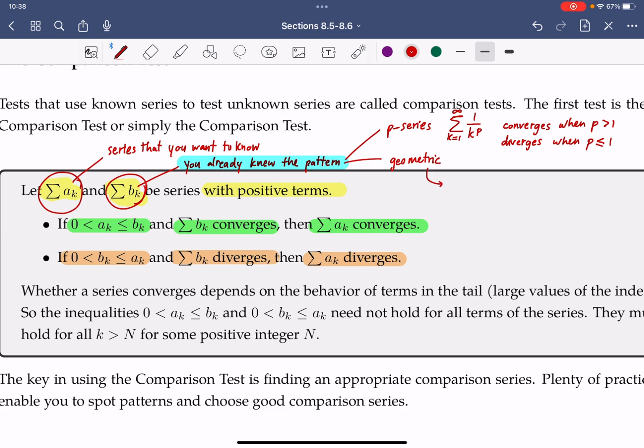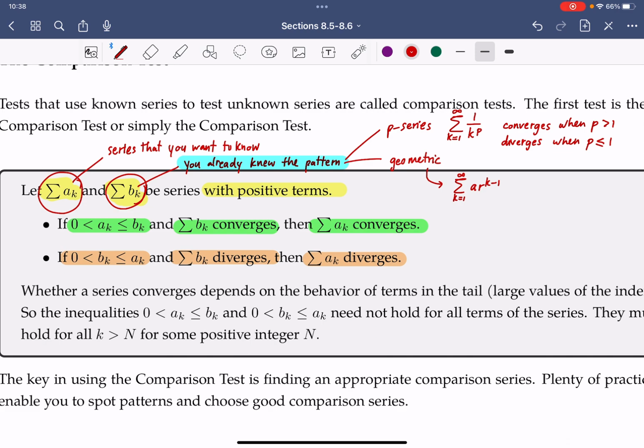And also the geometric series, you have the sum of A times R to the n minus 1, or K minus 1, K starting from 1 to infinity. Whatever you have here could be K or K minus 1, it doesn't matter, but it's a geometric series because you multiply by R on each term.